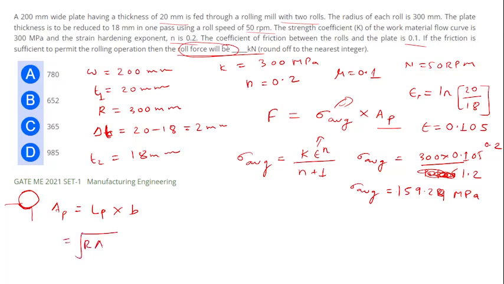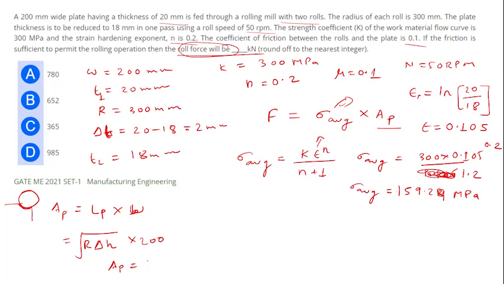Under root R delta H, and width is given as, let me write it as W, 200. So what is your projected area coming?